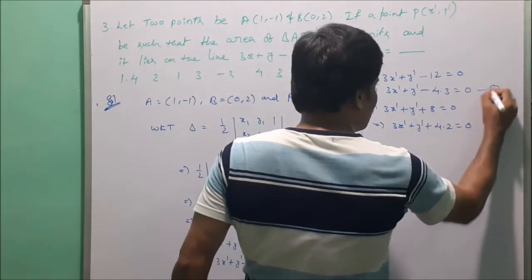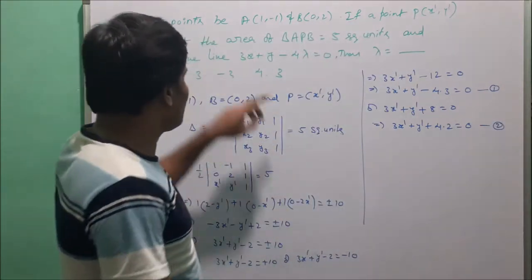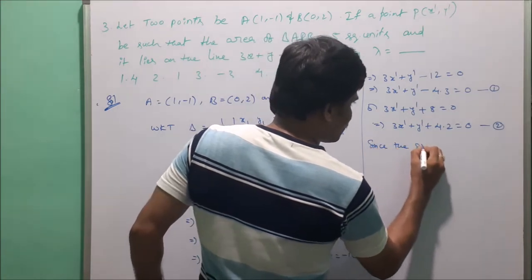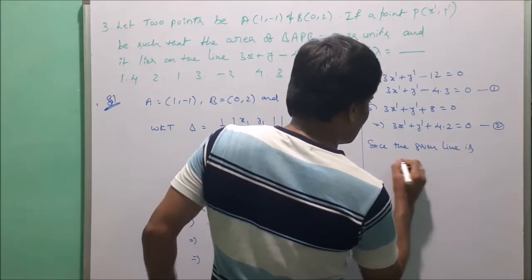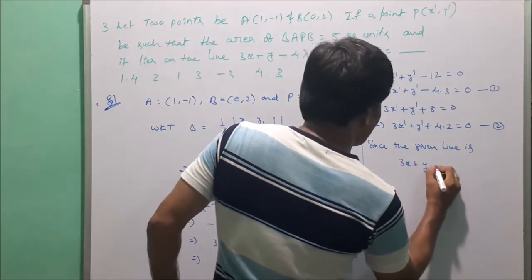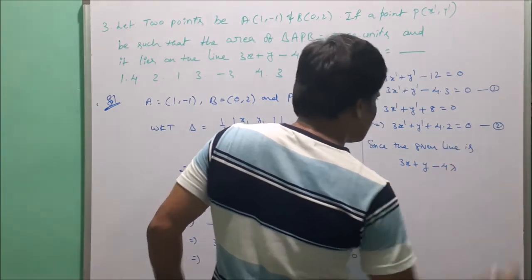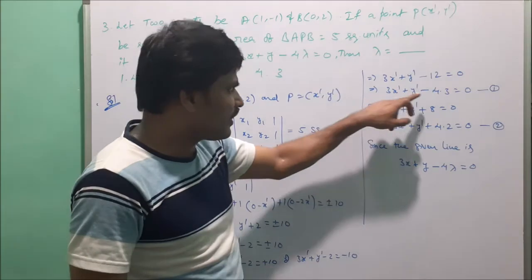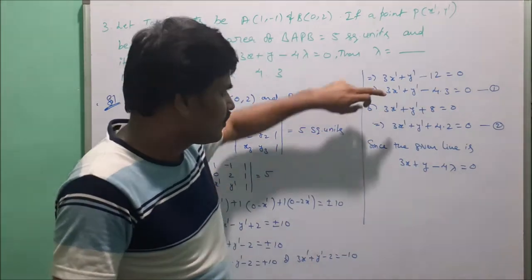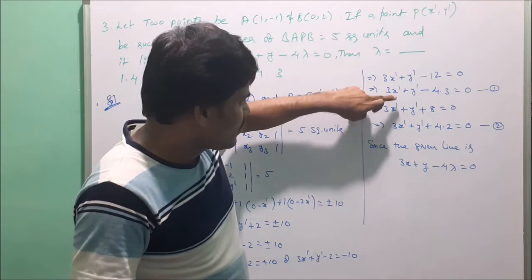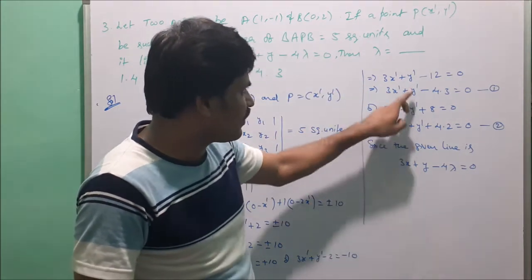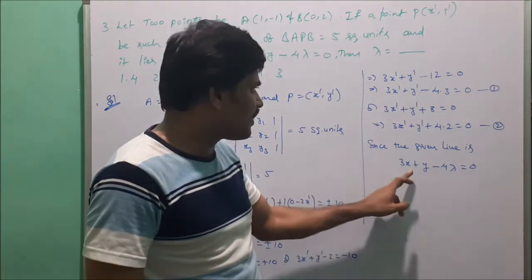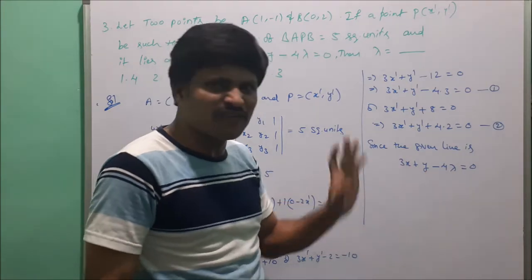Now this is equation 1, this is equation 2, and the given line is 3x plus y minus 4 lambda equals 0. Now observe these lines and this line. Here x is replaced by x dash, y is replaced by y dash. The point (x dash, y dash) satisfies this equation.